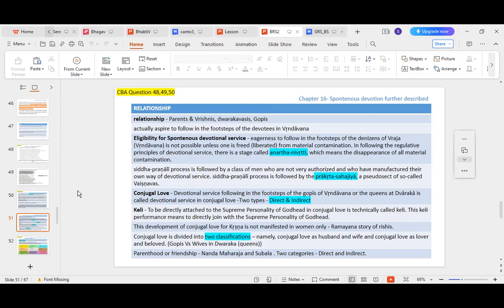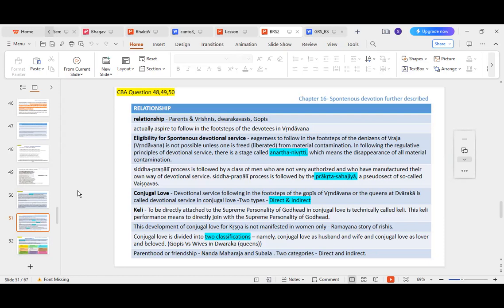So the word Keli is also very important. At least from our understanding, we need to understand what is meant by Keli. Vilas is the location or place, and Keli is nothing but the sweet pastimes, the conjugal love pastimes that Krishna does. Depending upon the season and the weather, they change different names.